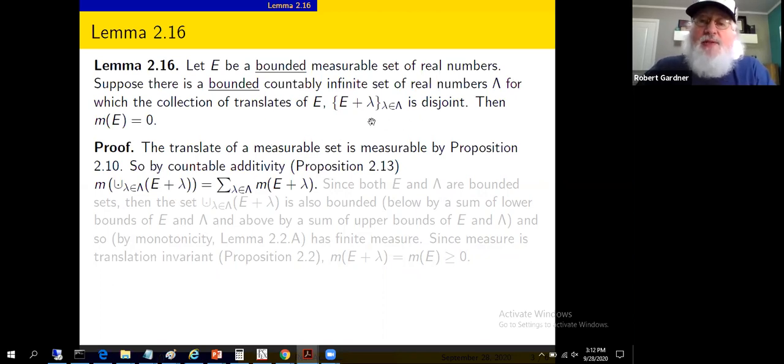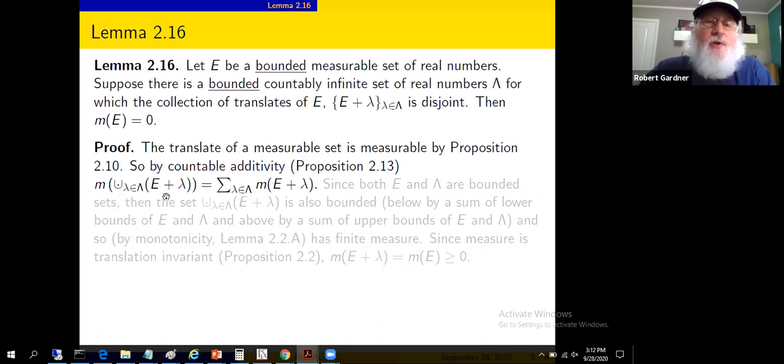We've hypothesized disjointness in this collection of translates. So if we union all these together, that is, take a union over those real numbers, those lambdas in capital lambda, whatever set of countably many, this is a countable union, countably many real numbers, bounded in some sense.